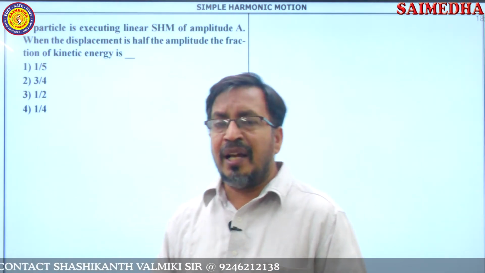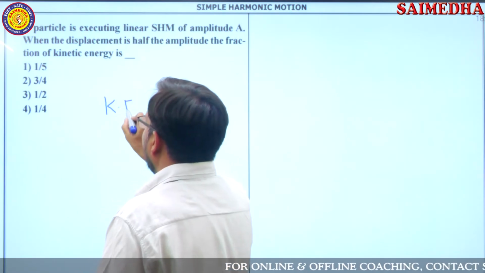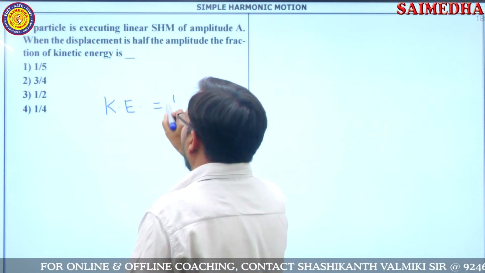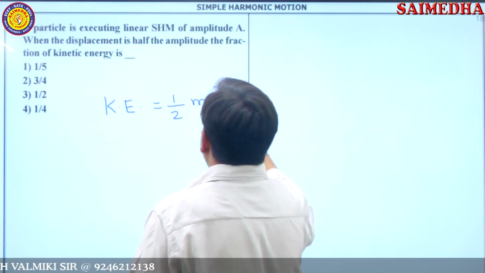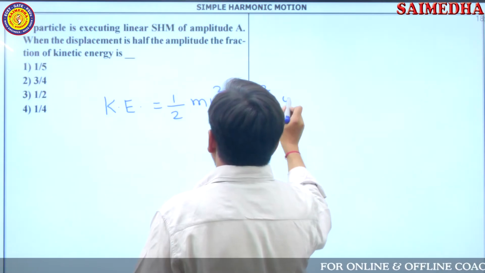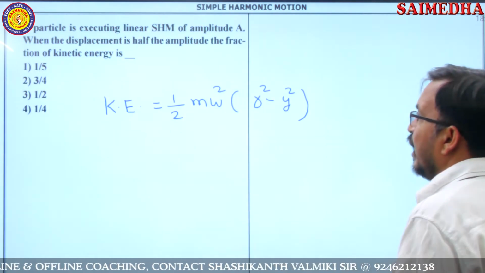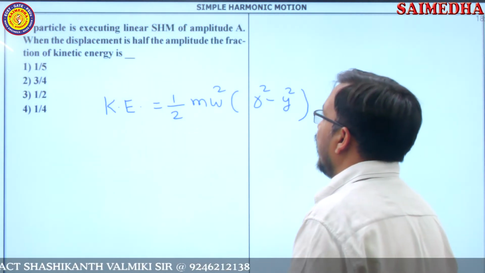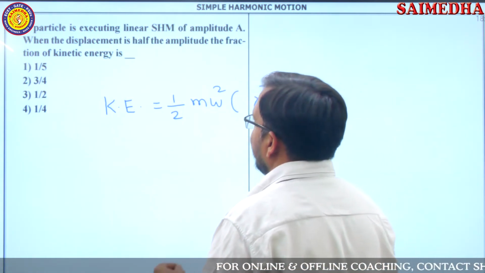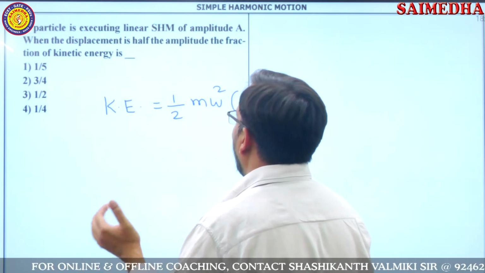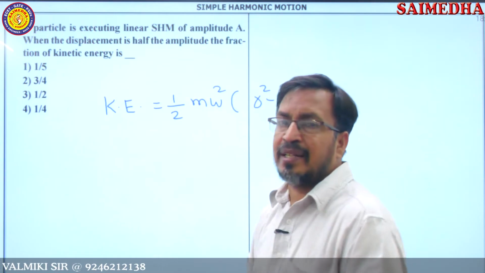Kinetic energy, you remember, equals half m omega square into r square minus y square. This is the formula.